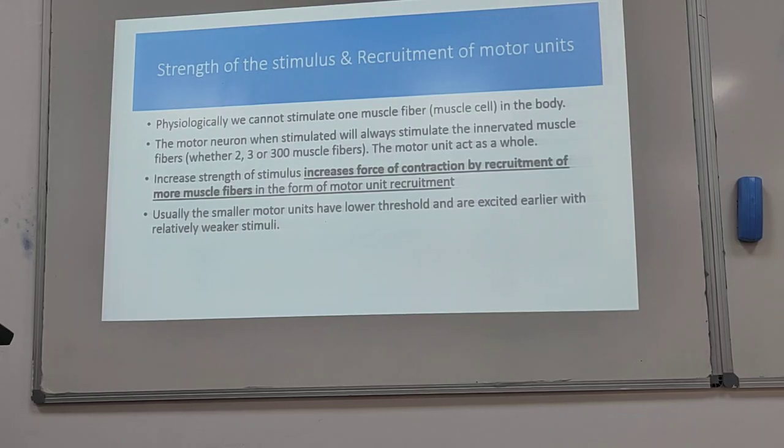Usually the smaller motor units have a lower threshold and are excited earlier with relatively weaker stimuli. A motor neuron with just 2 muscle fibers, they are the first ones to come into action. The bigger ones wait. It's like an Ethiopian athlete who runs a 21 kilometer marathon.